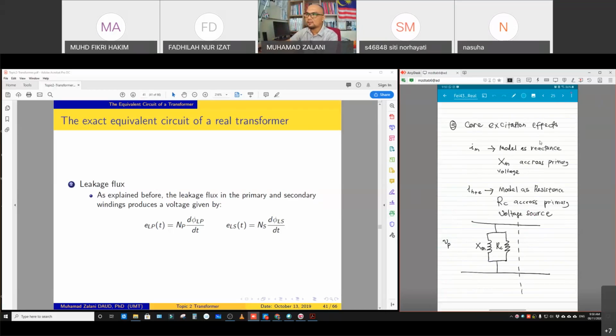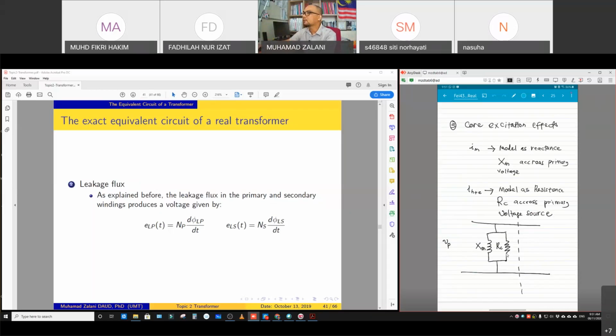Next is core excitation effects. We can model the core excitation effect, which is caused by the magnetizing current IM and also by the hysteresis and eddy current. So we can model IM in terms of a reactance across the primary voltage, which is XM, and for IH plus E, we can model it as a resistance across the primary voltage.